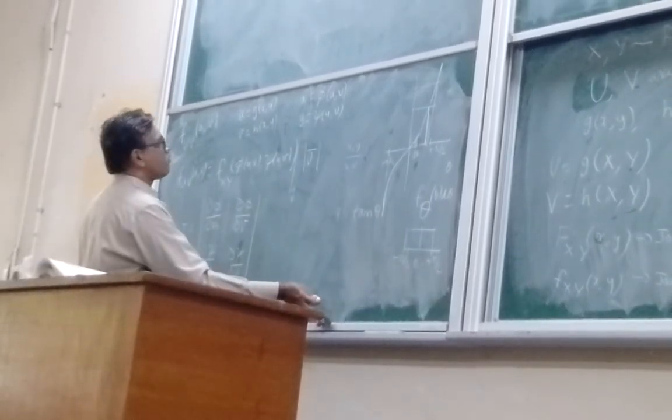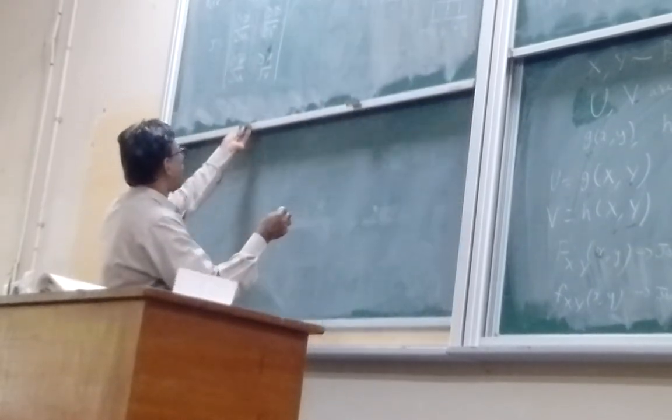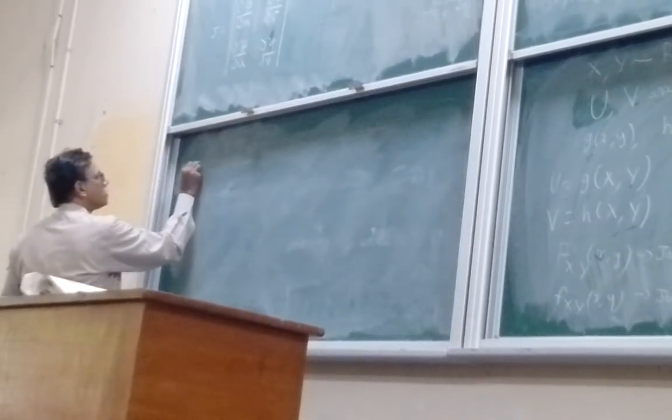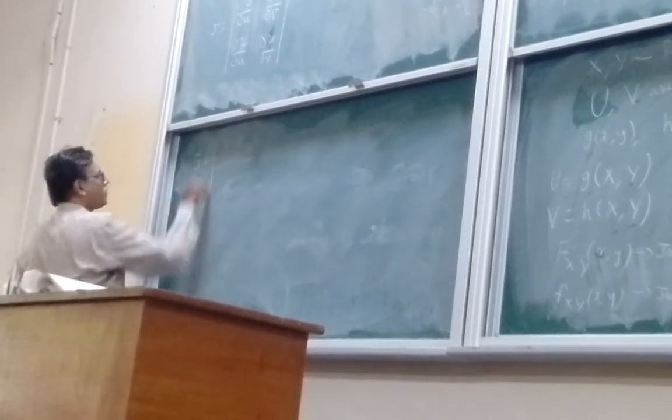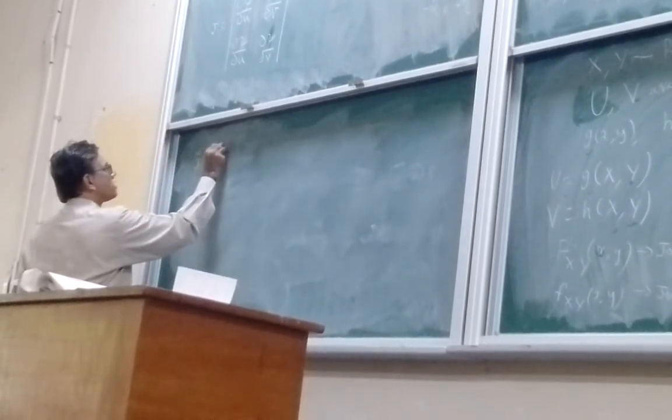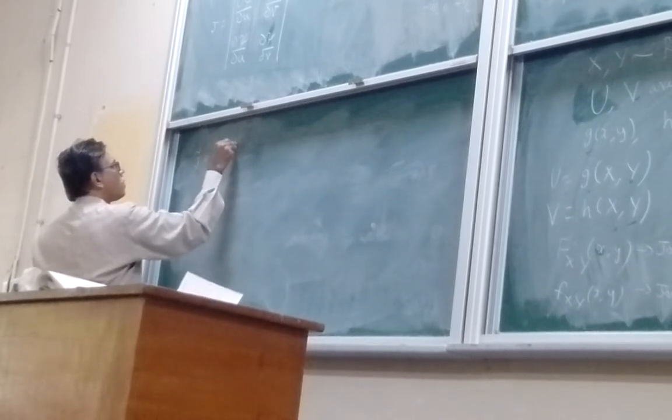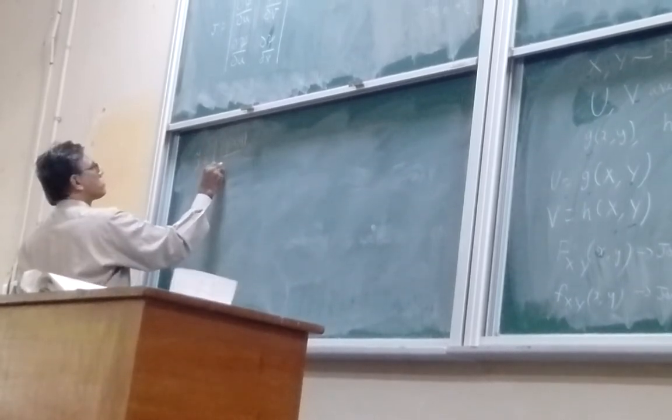Alternatively, you can define another factor also. We will call it a Jacobian tilde. That is actually using the original functions, the partial derivative of g(x, y) by partial x.